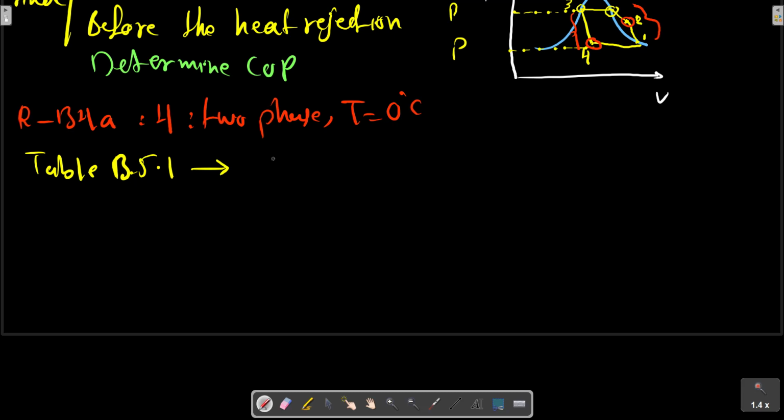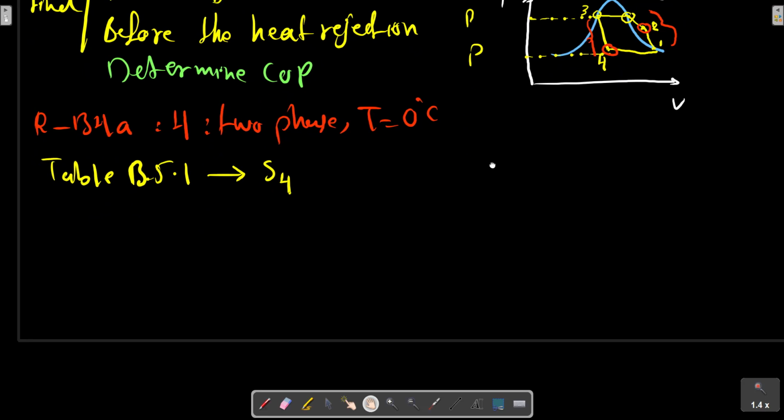So for this table we should first extract the entropy S4, which also equals S3 along the diagonal in the TS diagram.